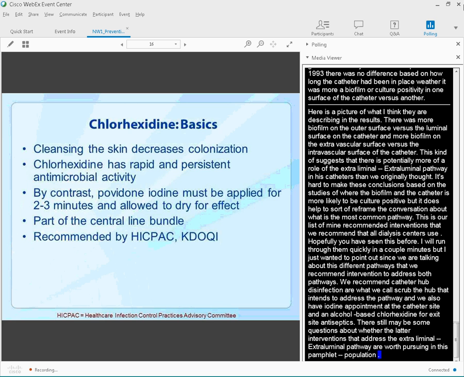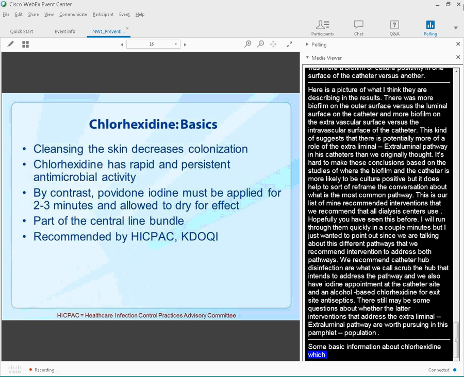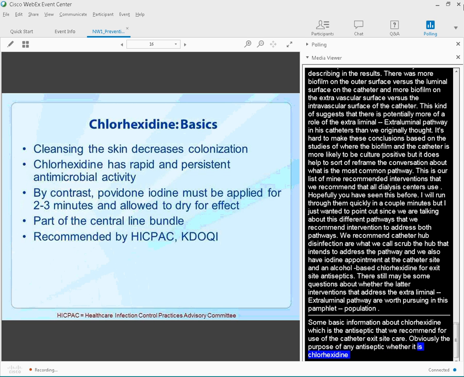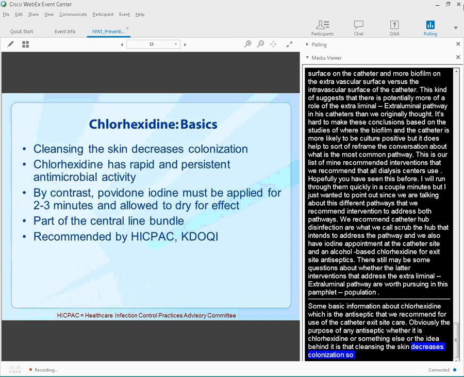So just some basic information about chlorhexidine, which is the antiseptic that we recommend for use at the catheter exit site for exit site care. Obviously, the idea behind any antiseptic, whether it's chlorhexidine or something else, is that cleansing the skin decreases colonization, and so that should decrease the organism burden around that catheter that could be introduced by the extraluminal pathway.